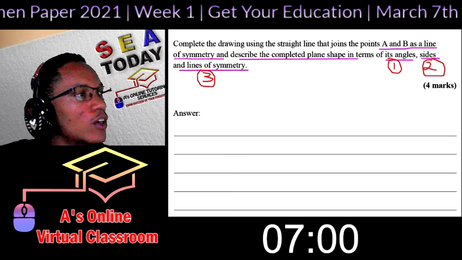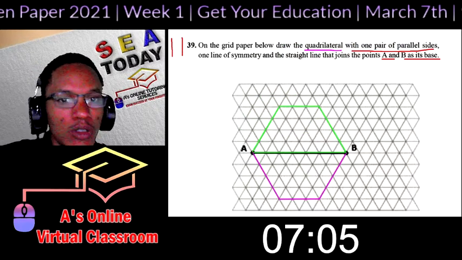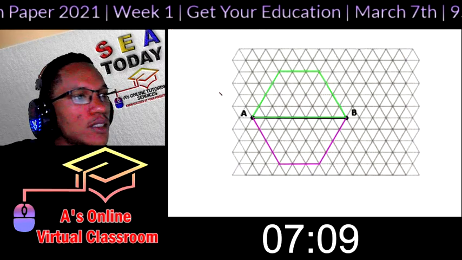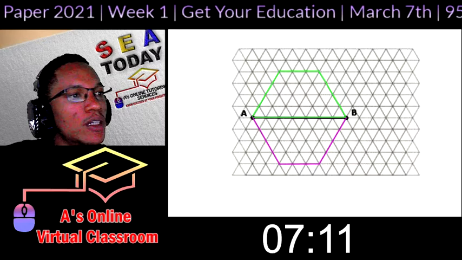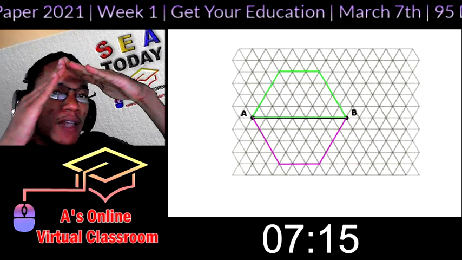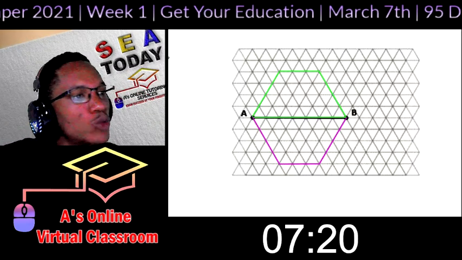So let's go back and look at the angles inside of this brand new plane shape. An angle is where two lines meet and the space that is formed between those two lines.